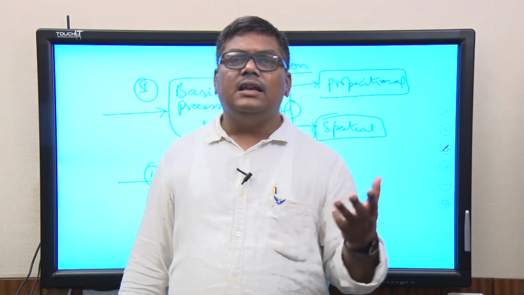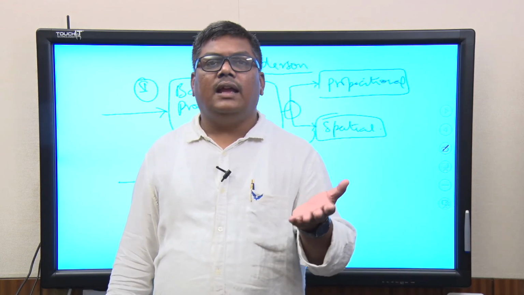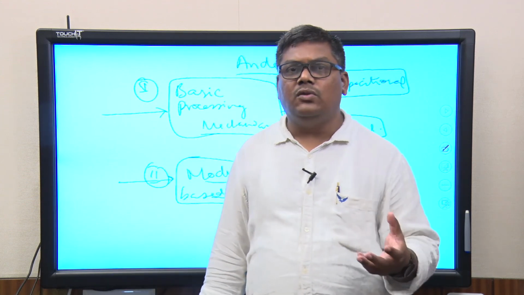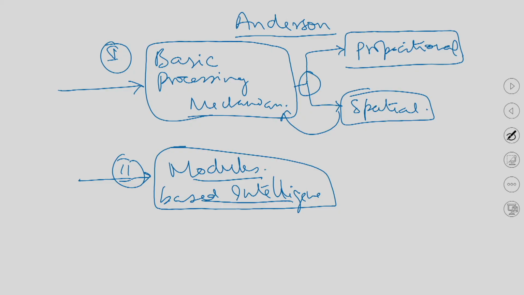These things develop over a period of time, and they develop as a module. And so, most people have module based intelligence, for example, spirituality or emotionality for that matter.